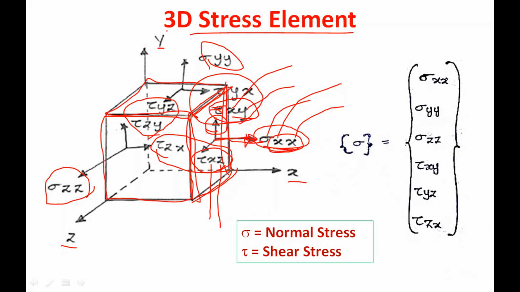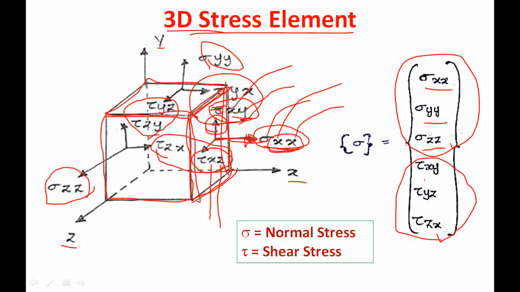Now, in a three-dimensional stress element, we will have three normal stress component, sigma xx, sigma yy, sigma zz, and three shear components, tau xy, tau yz, tau zx. In each plane we have one shear stress. Tau xy is x plane, y direction. Similarly, tau yz, y plane, z direction. Tau zx means z plane, x direction. So three shear stress component.